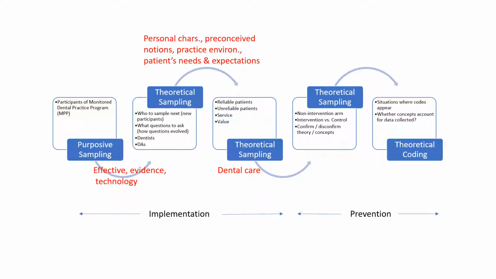And after that, they gather data from everybody, every relevant entity: dentists, DAs, dentists who are part of the MPP program, DAs who are part of the MPP program, dentists who are not part of the MPP program, DAs who are not part of the MPP program, reliable patients, unreliable patients.